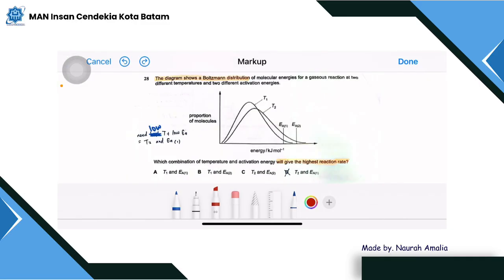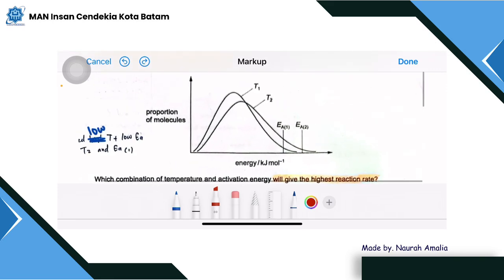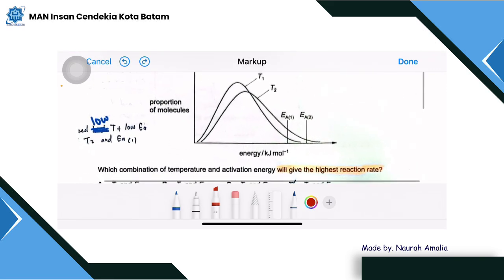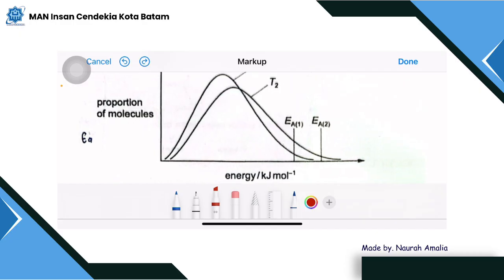Question number 28. The diagram shows a Boltzmann distribution, and which combination of temperature and activation energy will give the highest reaction rate? From this graph, we need to identify which graph will give the highest reaction rate.